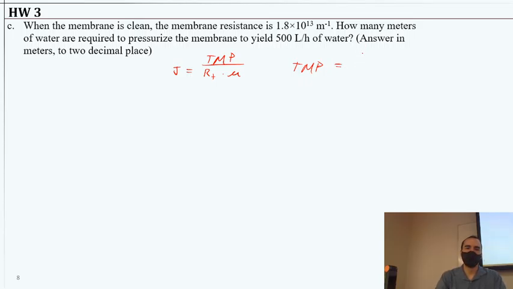So if we write it out this way, that's going to be the flux times the resistance times the dynamic viscosity of water. So RT is 1.8 times 10 to the 13th per meter. Mu, if we look it up, and again, you will have that lookup table, is 7.98 times 10 to the minus fourth kilograms per meter per second.